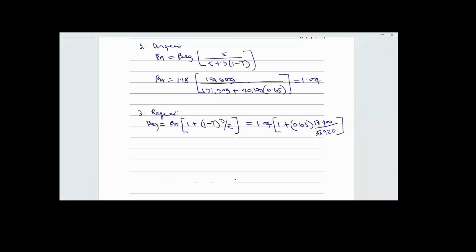So the beta equity of a geared company is 1.39. That's the geared beta of Kilimanjaro.